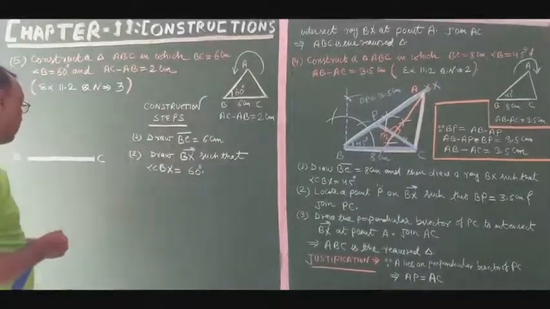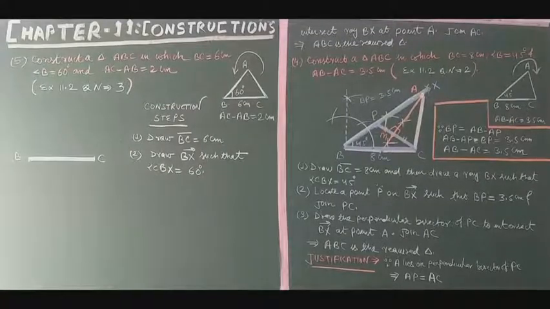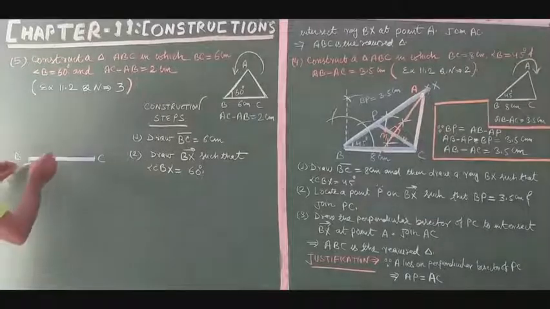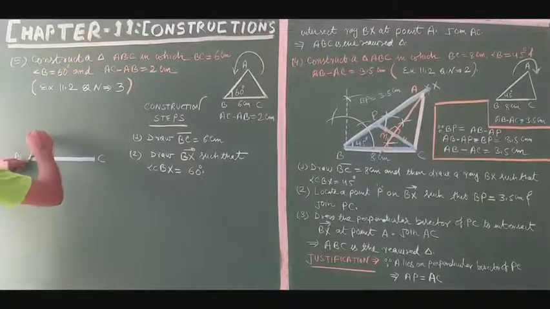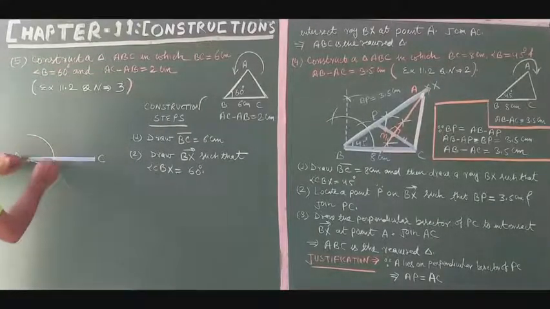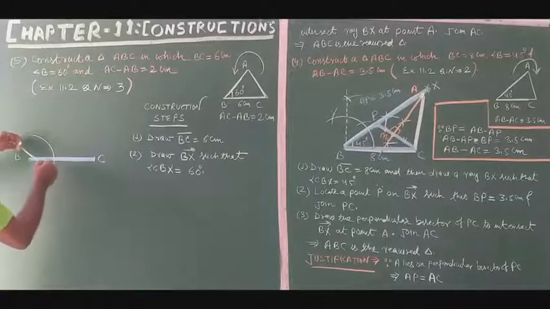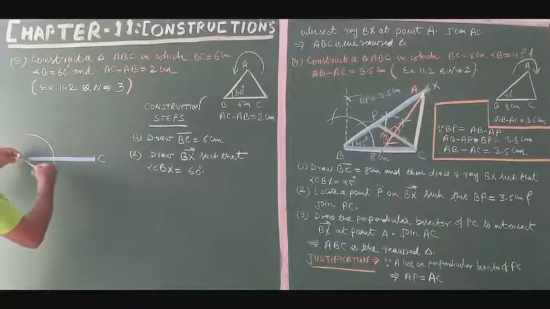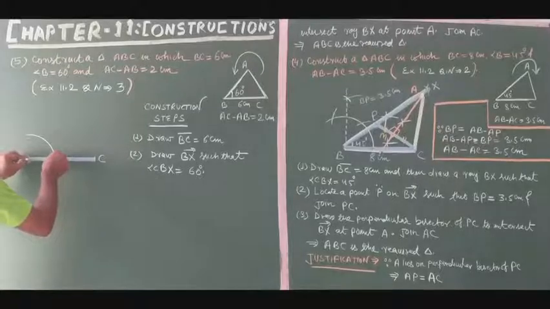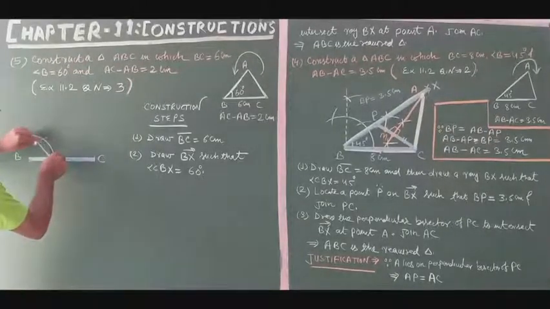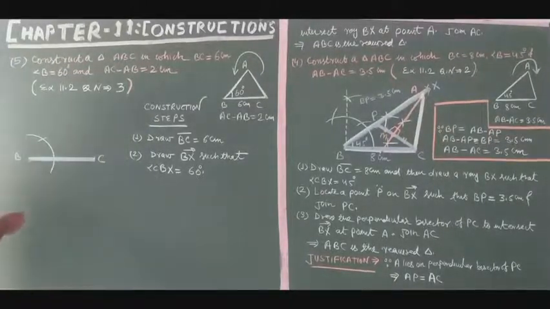Then what will we do? We will construct a ray BX such that this angle should be 60 degrees. In what way? We will do this, and the first arc from here. This is the angle 60. This is the 60 degree angle.